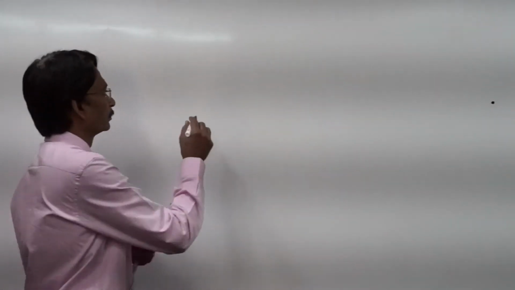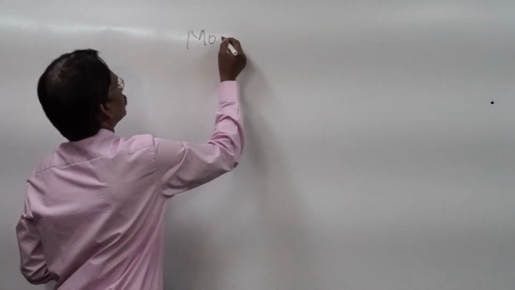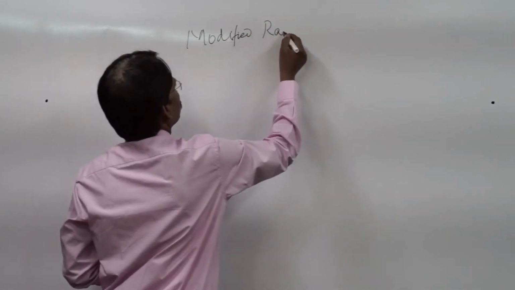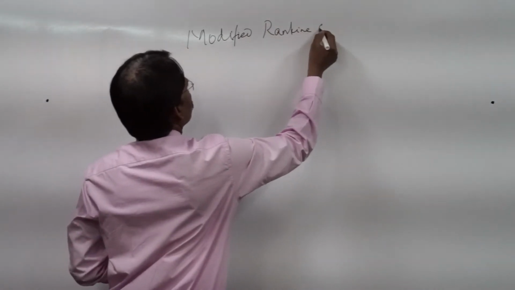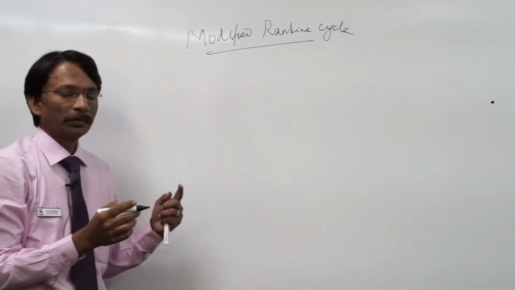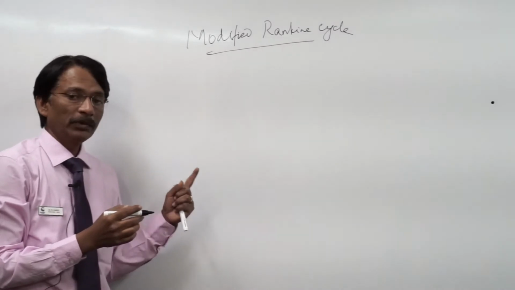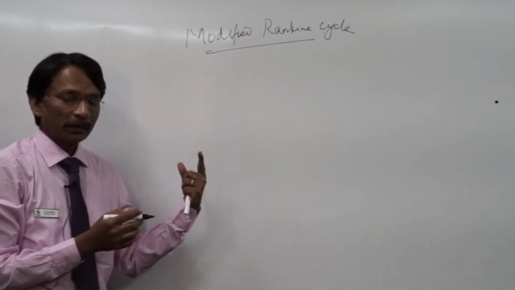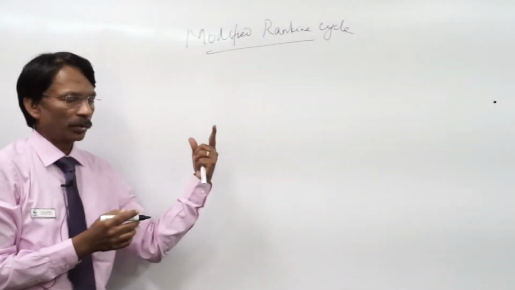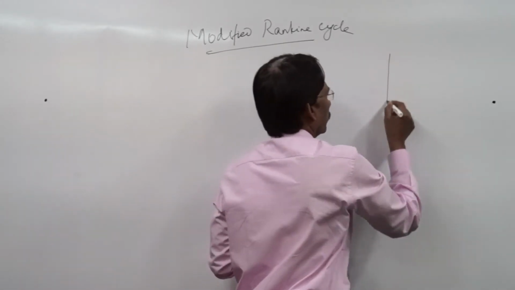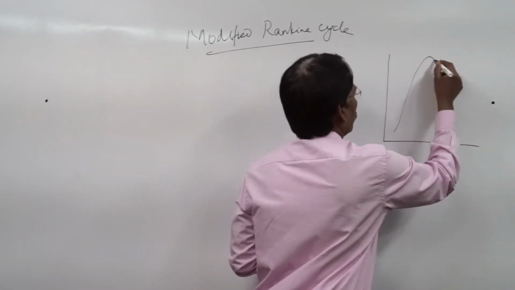Let us now look at the modified Rankine cycle. I told you why we need to modify a Rankine cycle: it is in order to get greater efficiencies out of the steam power plant. We saw that the basic Rankine cycle is this.